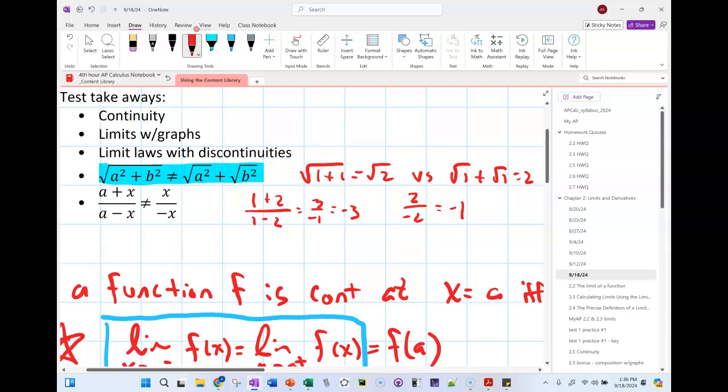Right? Different numbers can't be equal. So again, if you do some simplification, you're like, can I do that? Maybe I can do that. That looks like something I can do. Plug some numbers into what you started with and what you think it equals, and check, right?